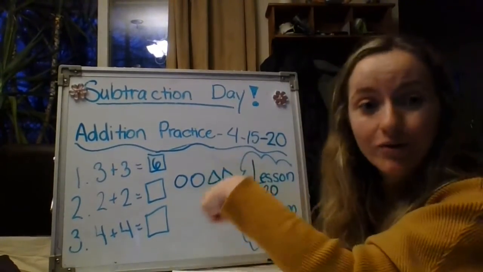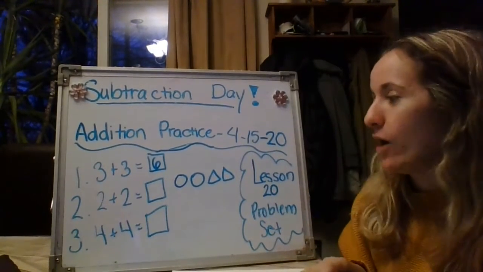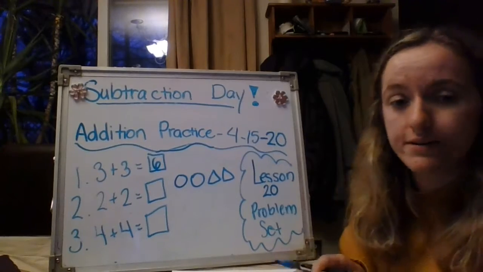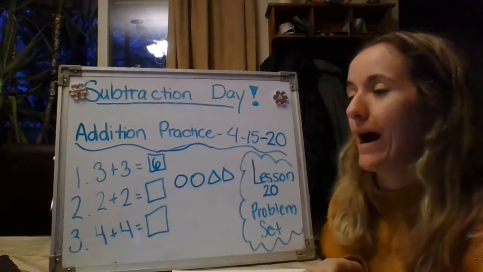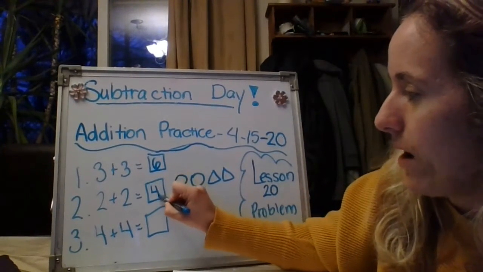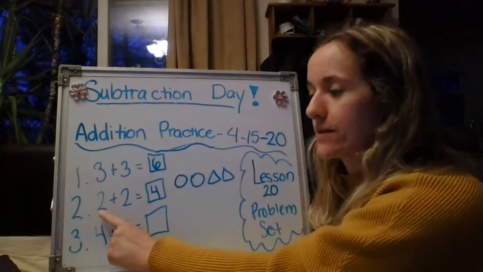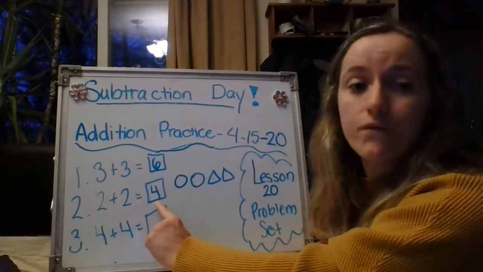I'm going to count up all of my shapes I have. So go ahead and count with me how many circles and triangles we have all together. 1, 2, 3, 4. I have 4 shapes all together, so 4 will go in my box. So I know, say this along with me, 2 plus 2 equals 4.